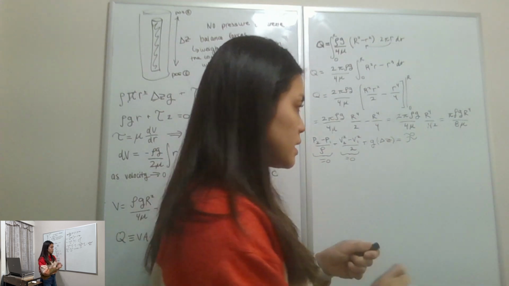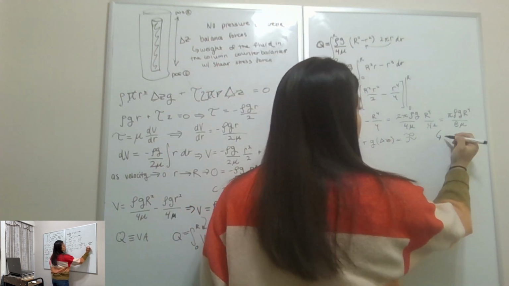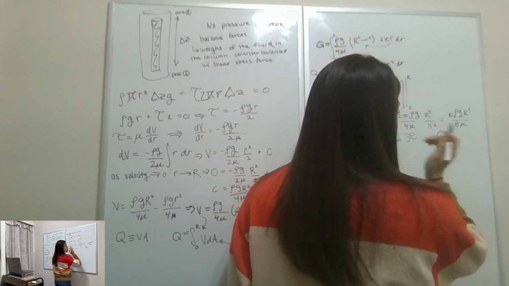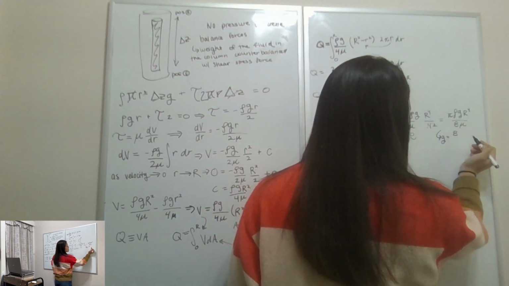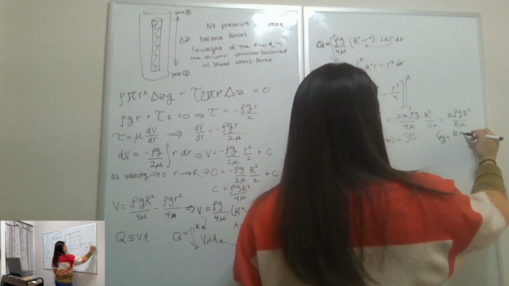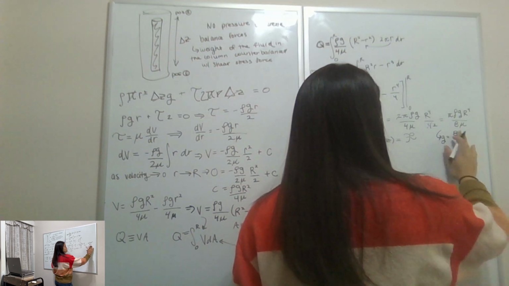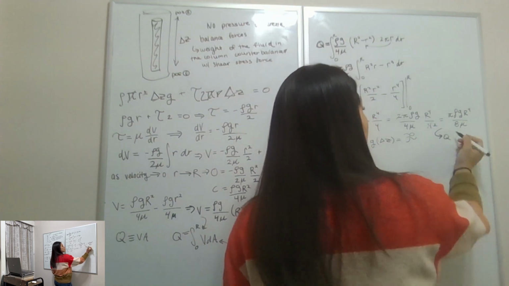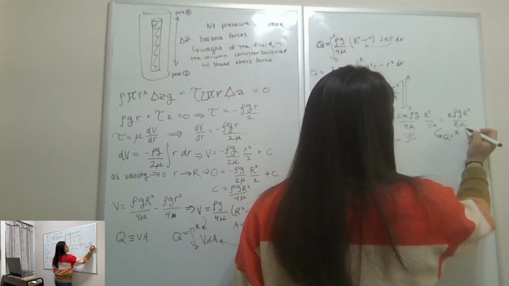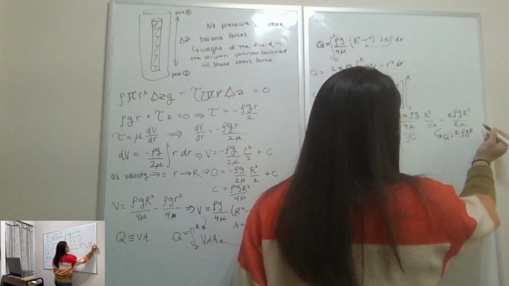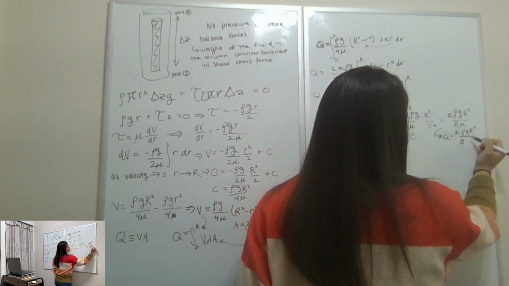So if we were to isolate the flow rate and isolate the gravitational acceleration, we would be left with 8 times the flow rate is equal to pi times the density times the gravitational acceleration times the outer radius to the fourth divided by 8 times the viscosity.